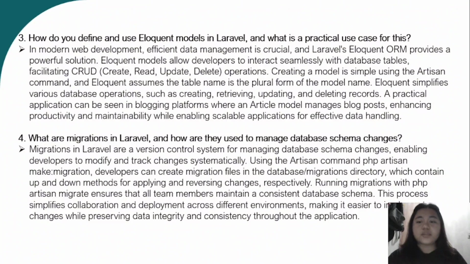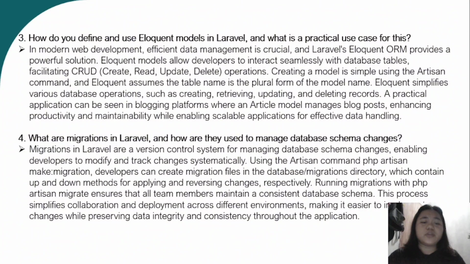Creating a model is simple using the artisan command, and Eloquent assumes the table is the plural form of the model name. Eloquent simplifies various database operations such as creating, retrieving, updating, and deleting records. A practical application can be seen in blogging platforms where an Article model manages blog posts, enhancing productivity and maintainability while enabling scalable applications for effective data handling.